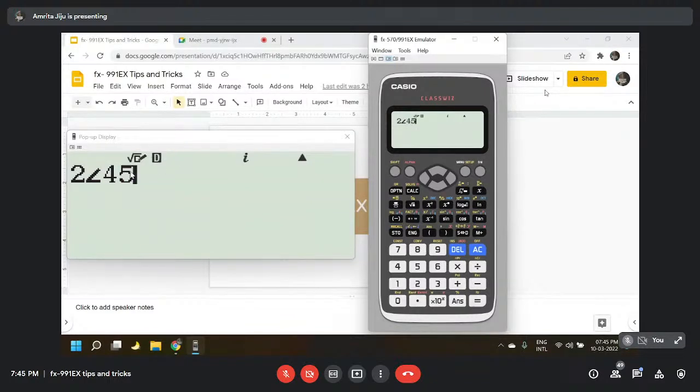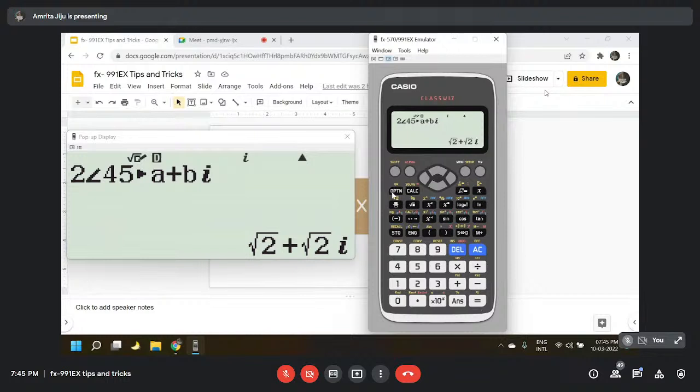So 2 angle 45, then you press equal to and you get 2 plus root 2i. Since we are discussing the rectangular form, you just go to option 2, a plus ib, and the same 2 plus root 2i will display on the screen.